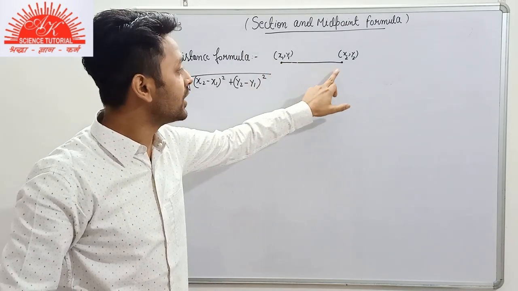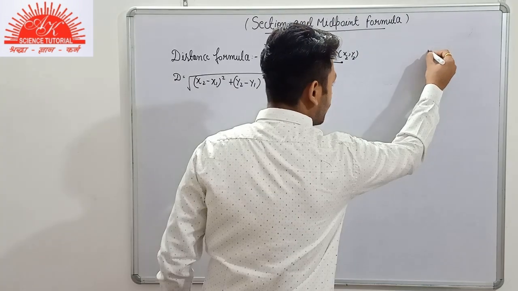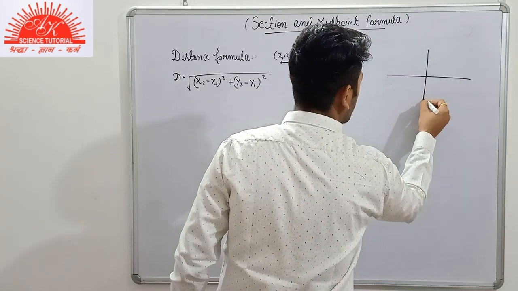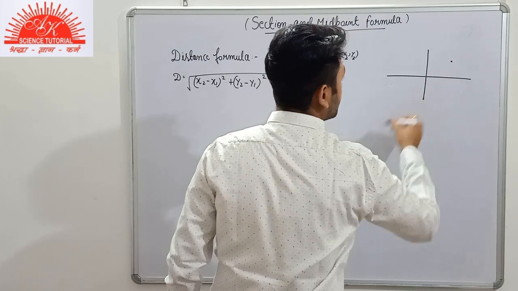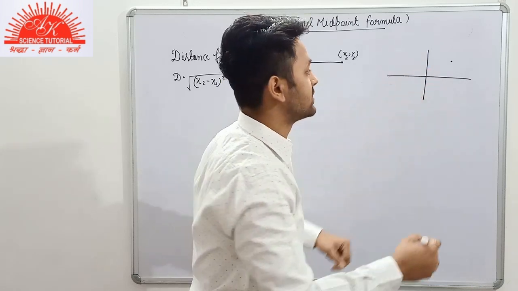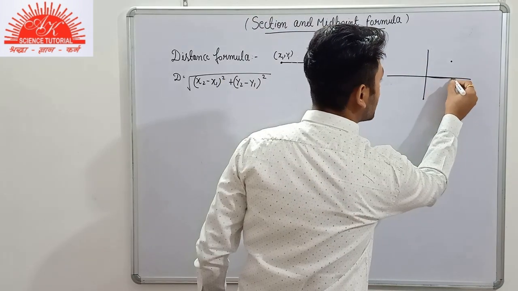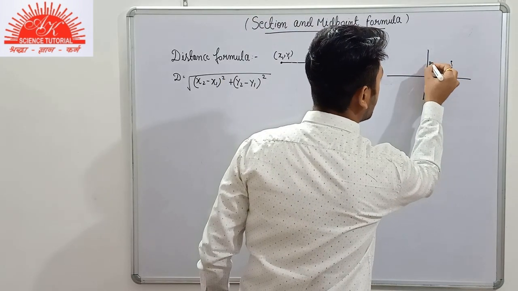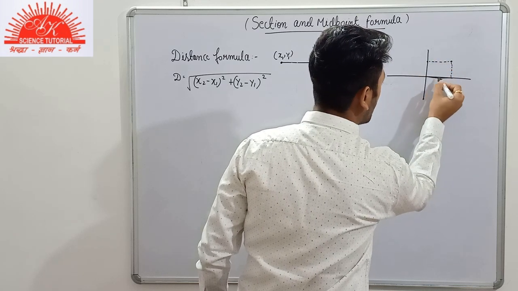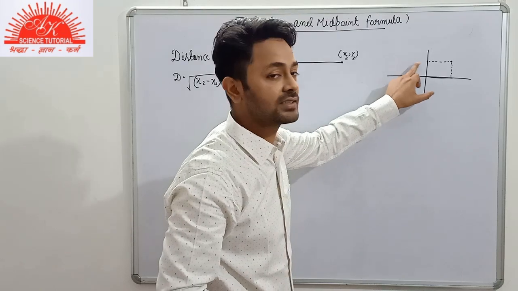So what are coordinates? I will make it clear for you. On a coordinate axis, when we put a point, the position of the point is known by using coordinates: its length on the x-axis and its length on the y-axis.